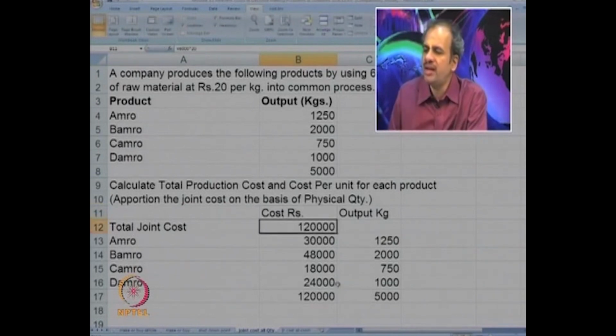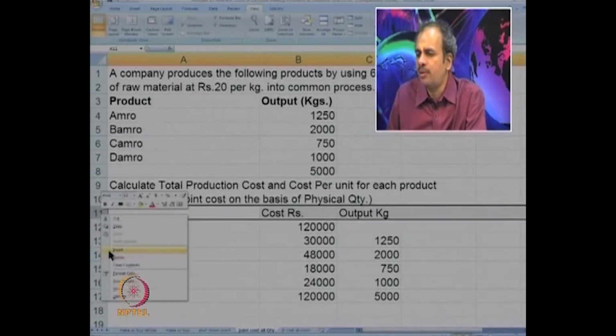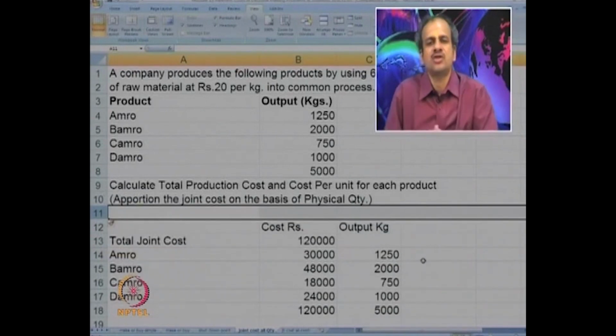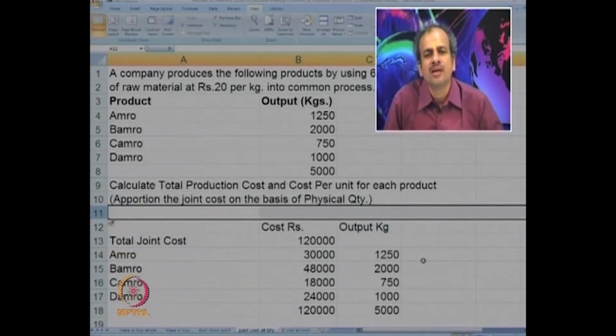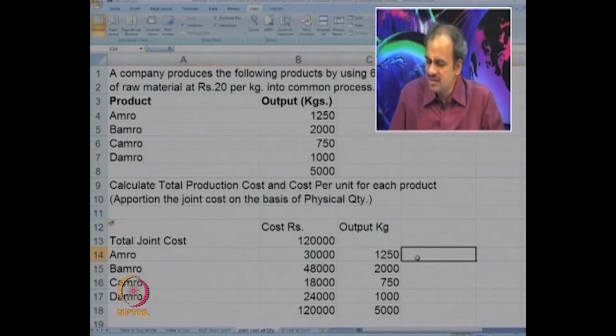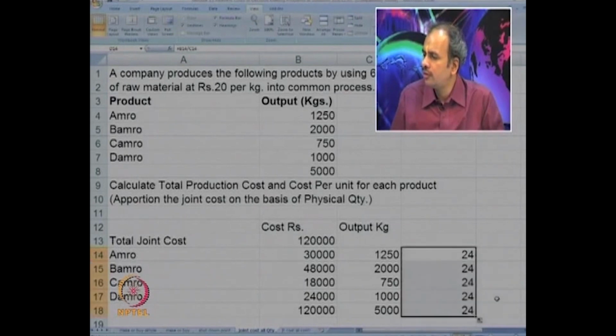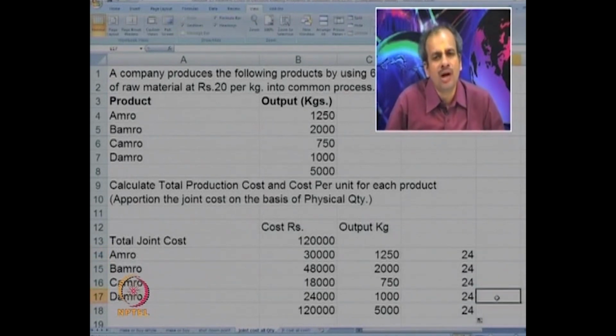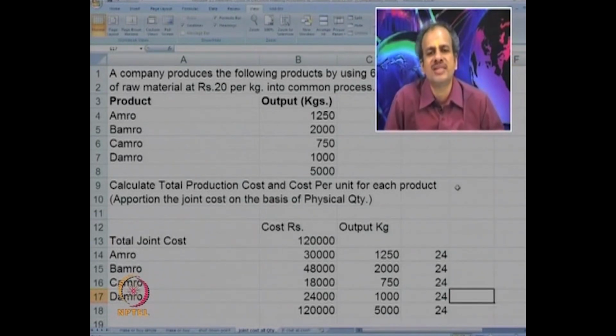Now, is it a good method, or is there some problem with this method? What is the shortcoming of this method? The shortcoming is that per unit cost will be the same. We will see how much the per unit cost is. So it is 24 rupees for Amro, and you can see that for Bamro, Camro and Damro, all the products, it is exactly the same, 24 rupees.